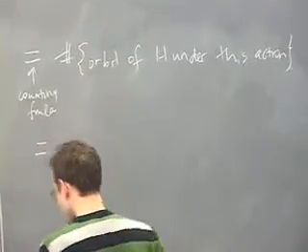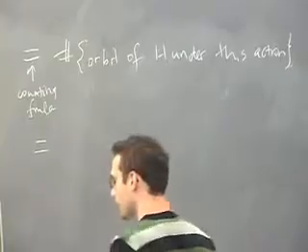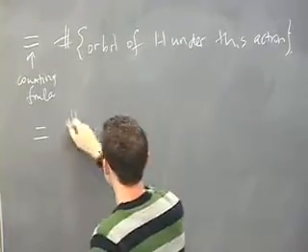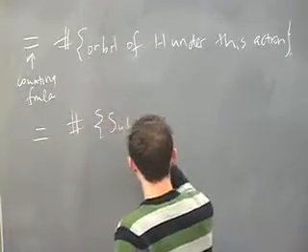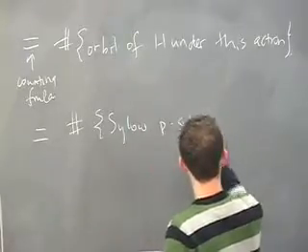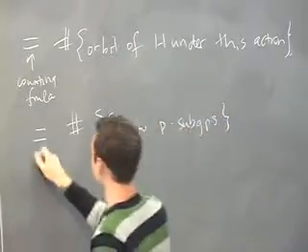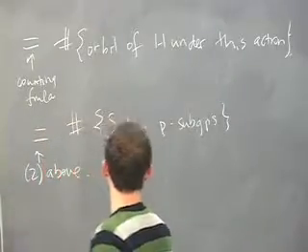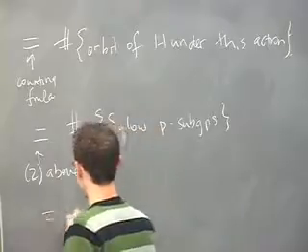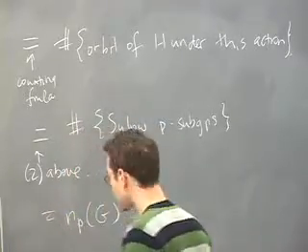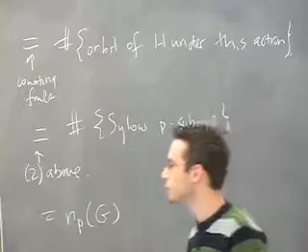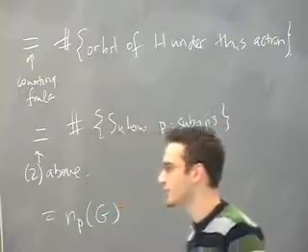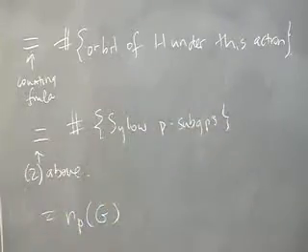And then, because of 2 over here, this thing is the same thing as the number of Sylow p subgroups. And this is just by definition NP of G. So this is also a very useful formula, and we're going to leverage this in some of what we do today.